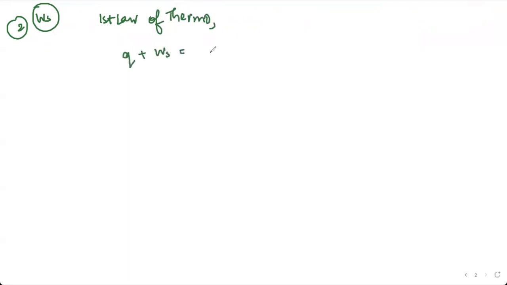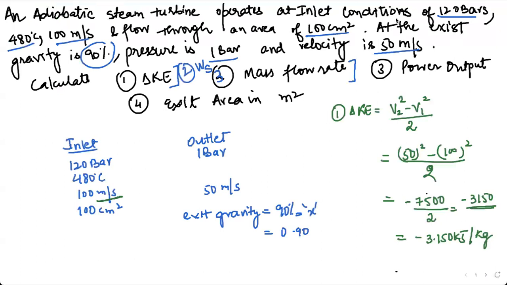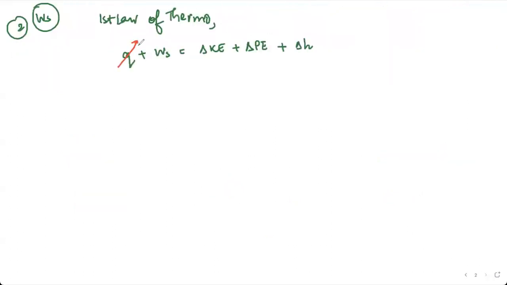Then the second part, we have to calculate the shaft work. So if we write the equation according to the first law of thermodynamics, we have that heat plus shaft work is equal to the change in kinetic energy plus change in potential energy plus your change in enthalpy. So here, as it is given in the question that the steam turbine is operating at adiabatic conditions, Q will be 0.